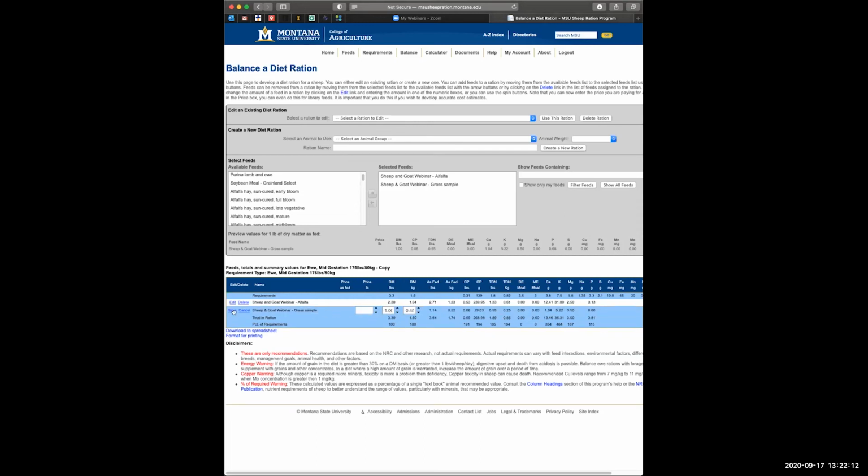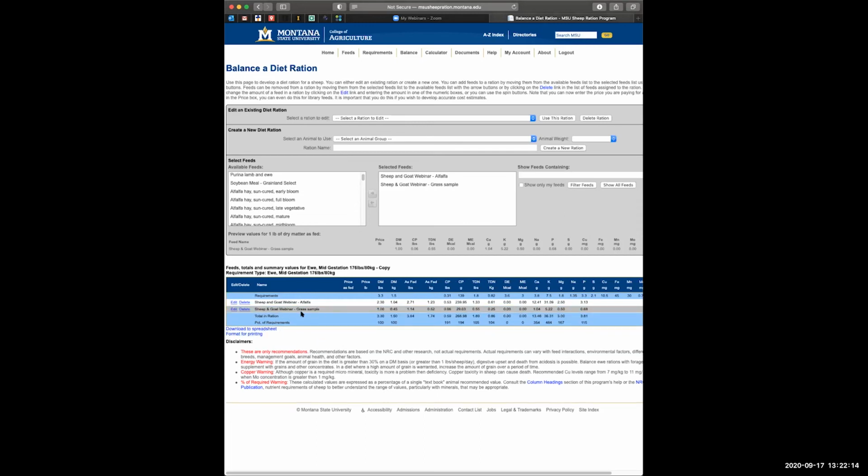Now we're feeding a pound of grass and 2.3 pounds of alfalfa. You can see how these requirements change. As you're going along, you can add different types of feed and make sure you're balancing it where this all looks good for what she has for a requirement.